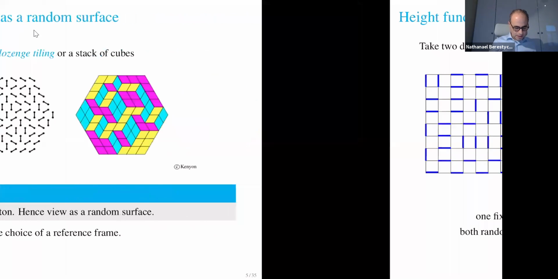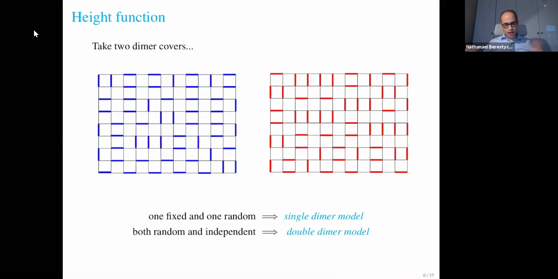So here's a more precise definition. I spend a bit of time on this because I think it's one of the things that is the most studied about the dimer model: what does the height function look like. One very nice way to do that is by superposing two dimer covers on top of one another.